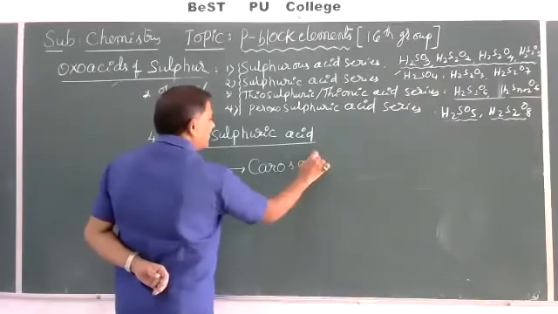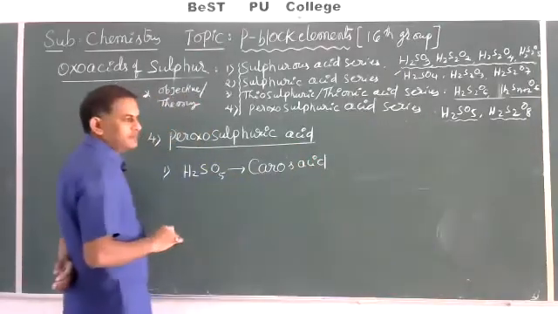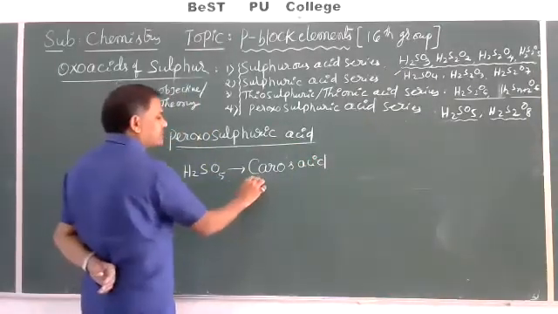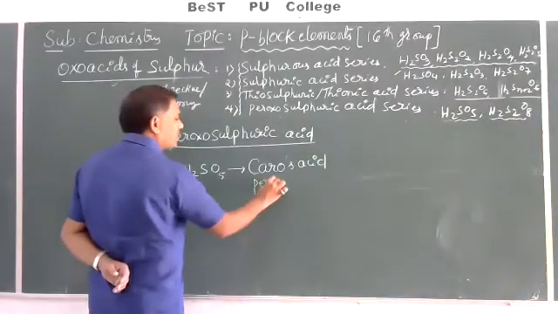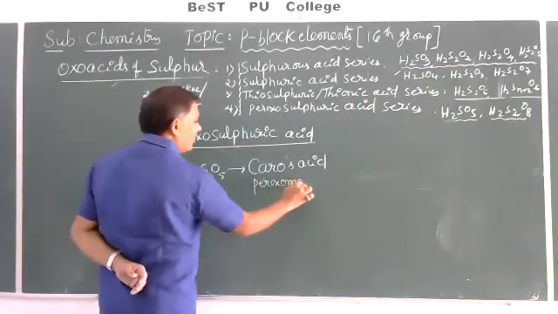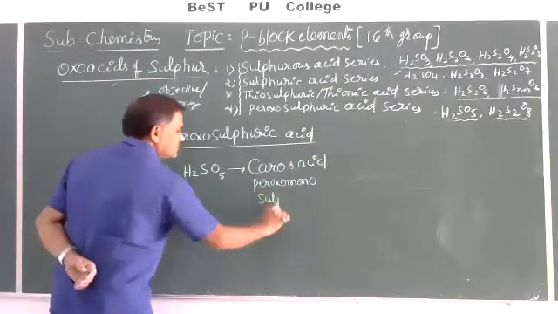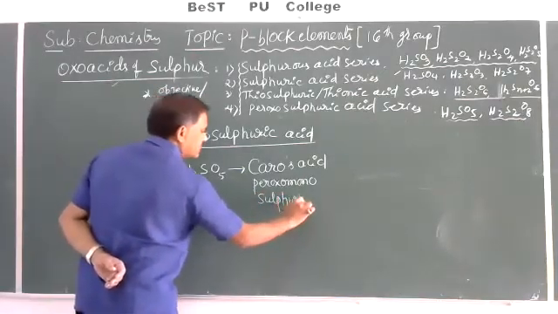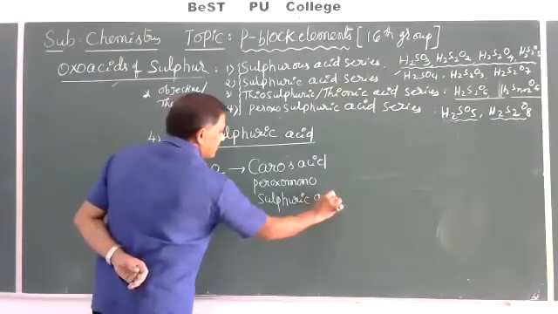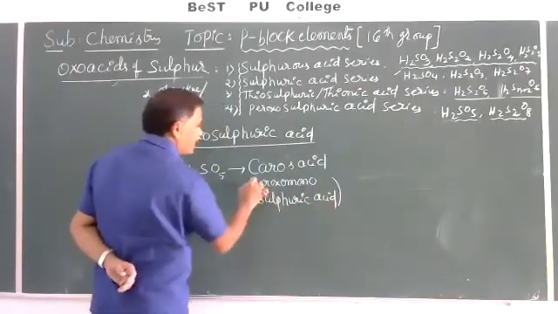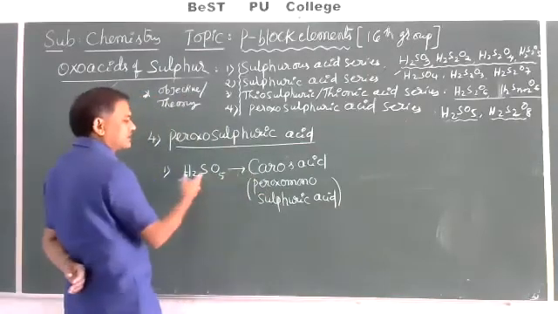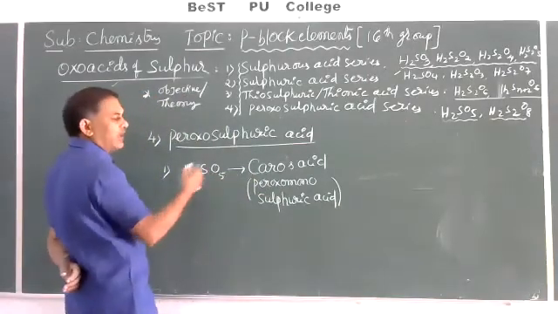This is very, very important. This Caro's acid is also called peroxomonosulfuric acid. Peroxomonosulfuric acid, or its name is Caro's acid, like H2SO5.